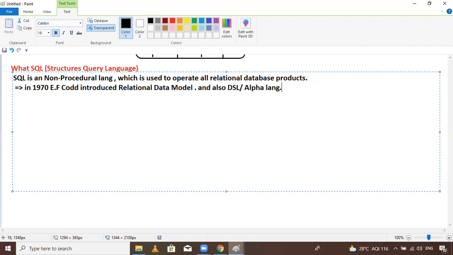In IBM, the System R team in the IBM company modified DSL Alpha into Square.